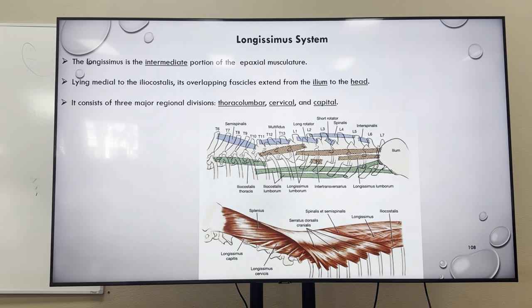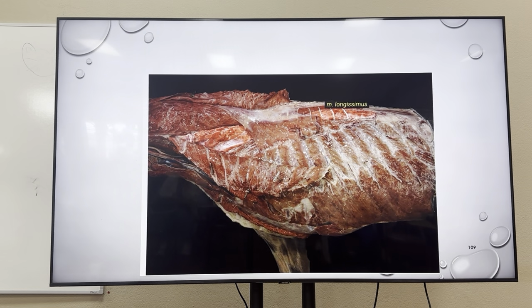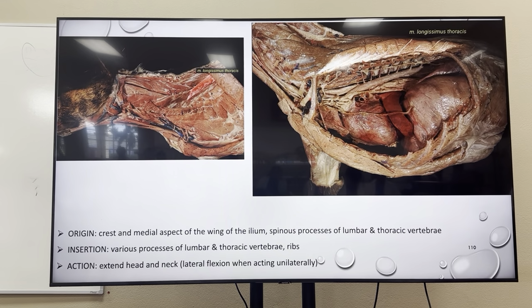So what will be the relationship to transversus spinalis and iliocostalis? What is the relationship of the longissimus muscle to transversus spinalis and iliocostalis?